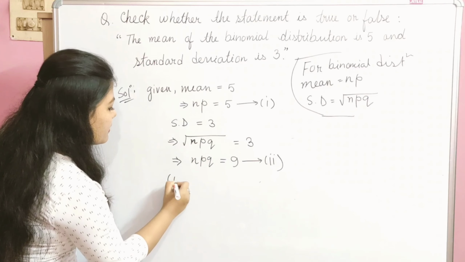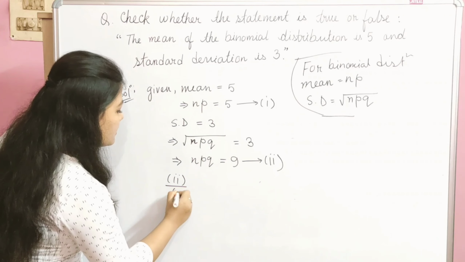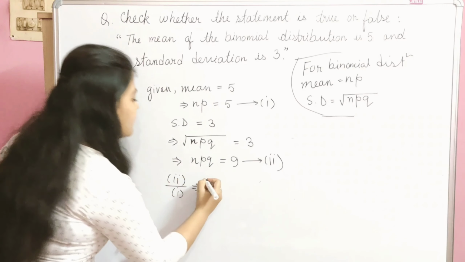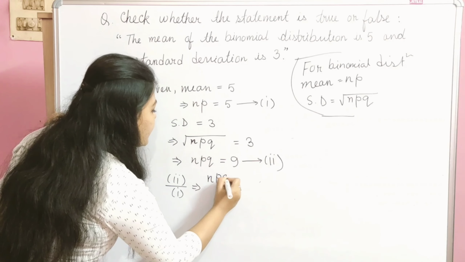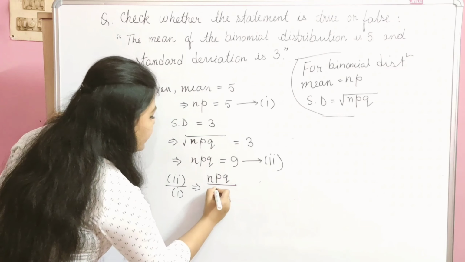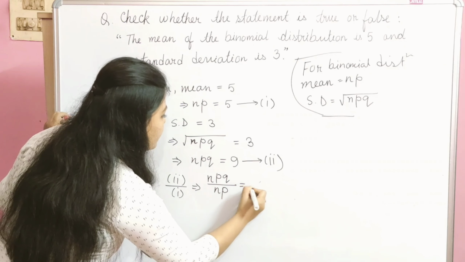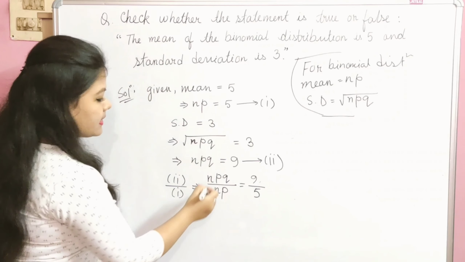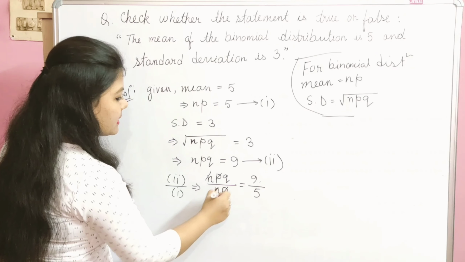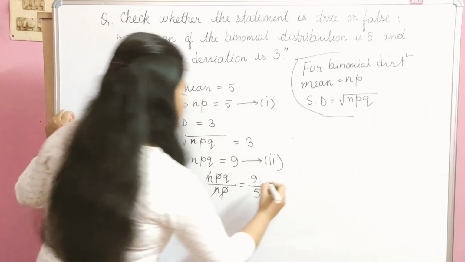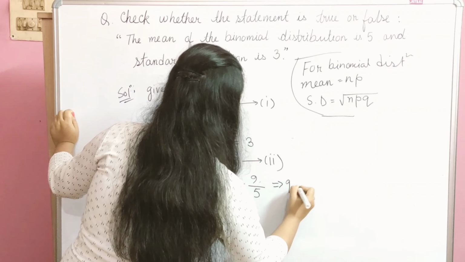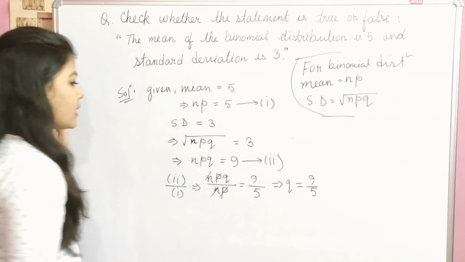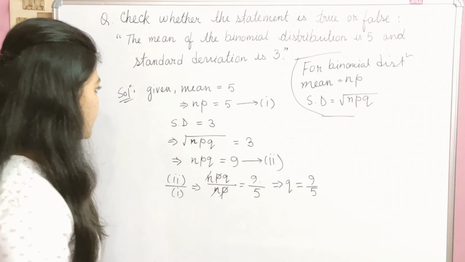Now if you divide equation 2 by 1, the left hand side is NPQ divided by NP, and the right hand side is 9 divided by 5. Here n cancels out, p cancels out. So we get that q is equal to 9 by 5.